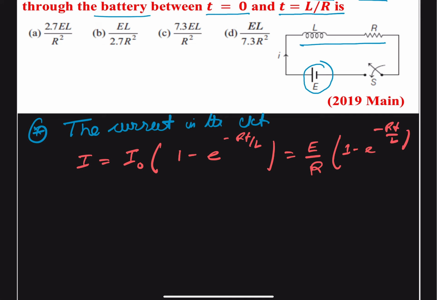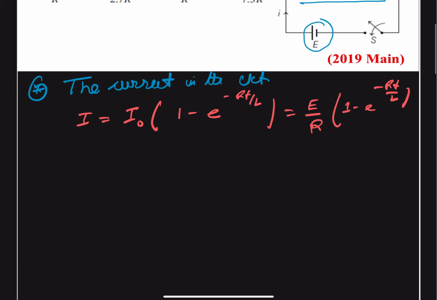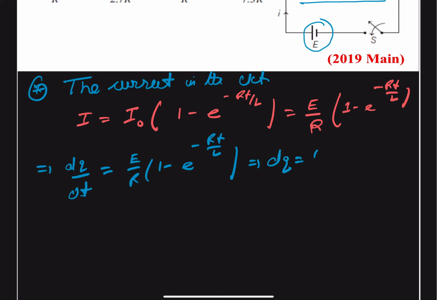Now we can write this current as dq by dt. So we can modify the equation so that dq by dt is E upon R times 1 minus e raised to power minus RT upon L, which we can further modify as dq equals E upon R times 1 minus e raised to power minus RT upon L multiplied by dt.